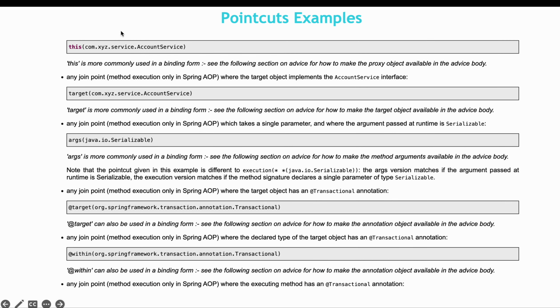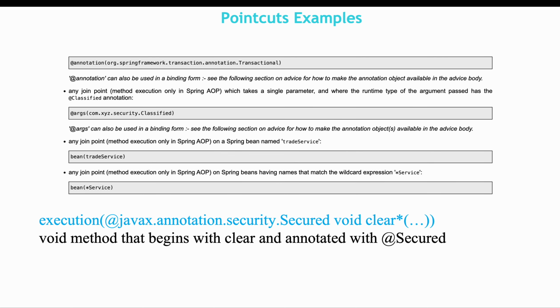Then we also have all these other Pointcut expressions. You will have to pause the video, obviously, to be able to read through and understand what these Pointcut expressions do.